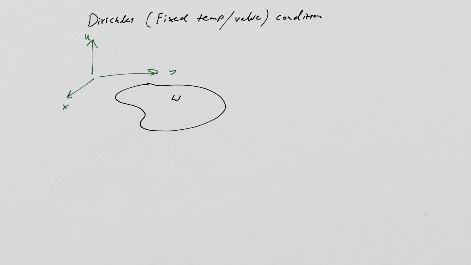The Dirichlet condition says that essentially u, when evaluated on the boundary, is equal to some function. We'll call this function f, and I'll write it in blue. You're basically saying that around the boundary, at every point x comma y, there's a value on it.